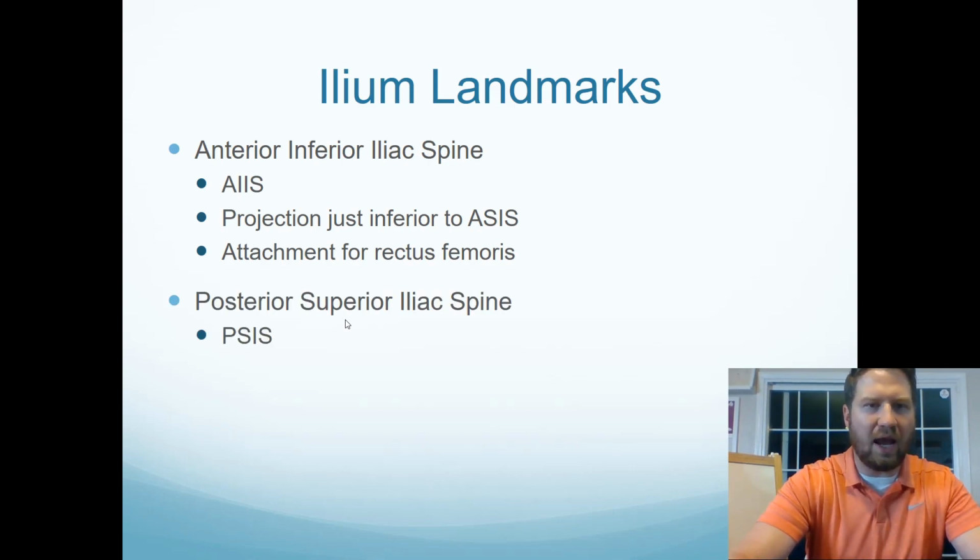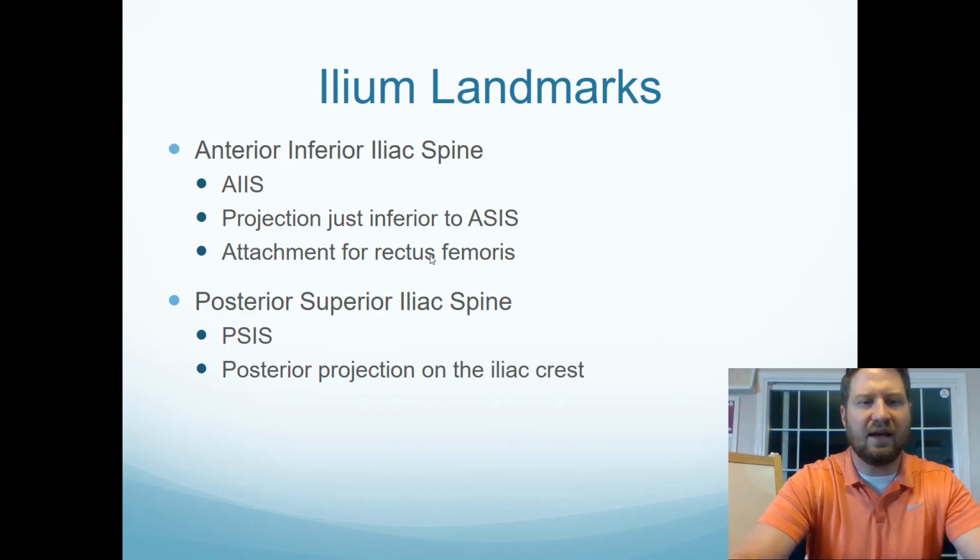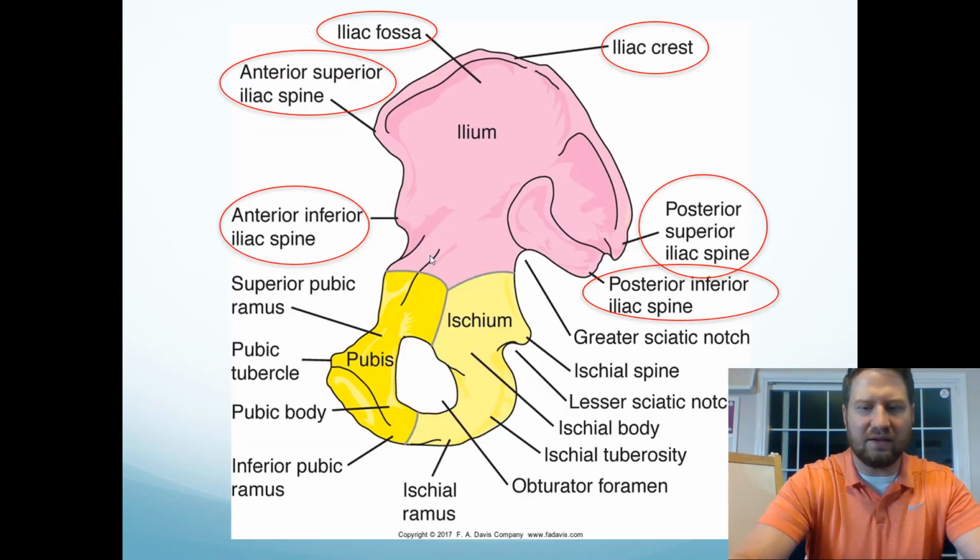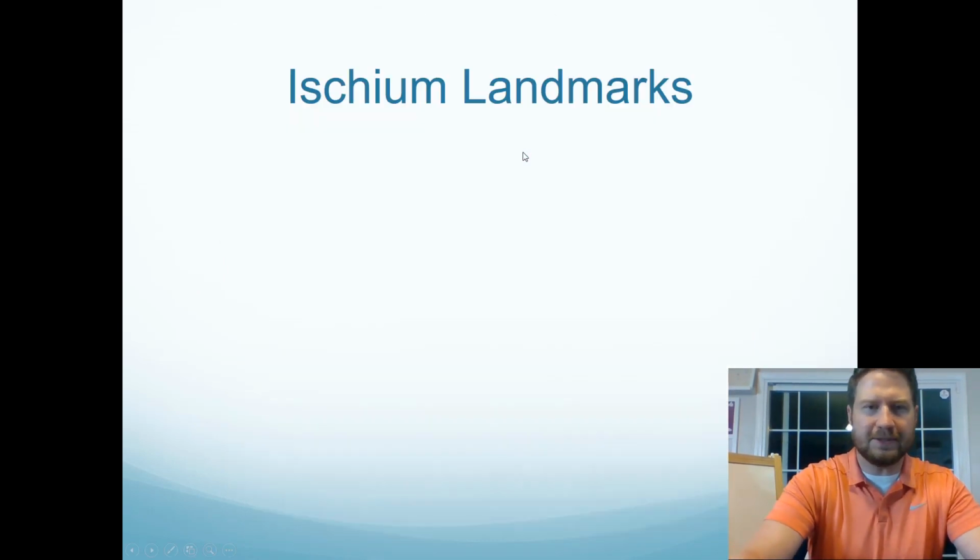We have our AIIS, the attachment site for the rectus femoris, and we're going to get to the difference between the rectus femoris and the iliopsoas. On your ilium, you also have your PSIS and your PIIS. Those are the major landmarks of our ilium.